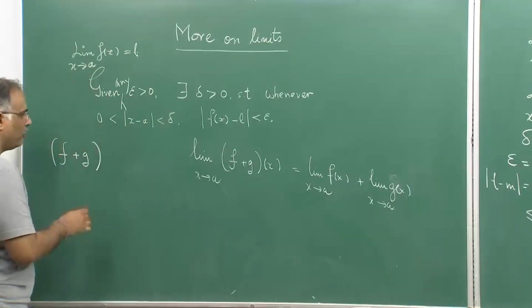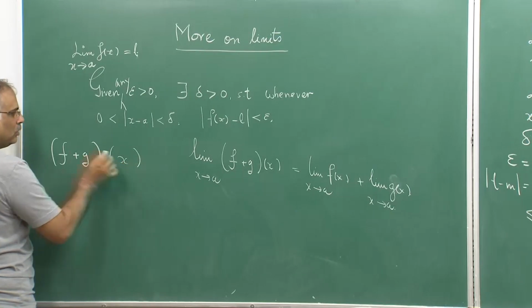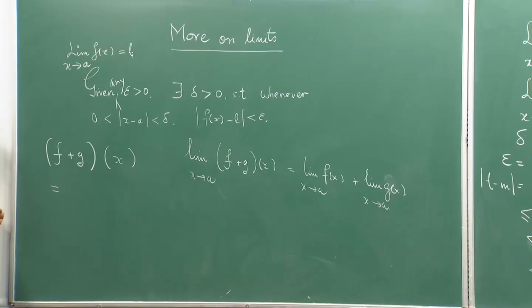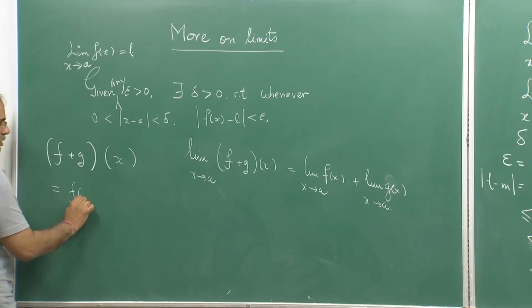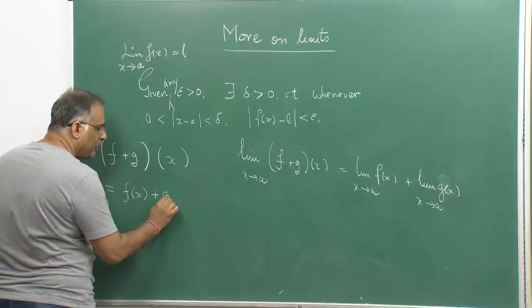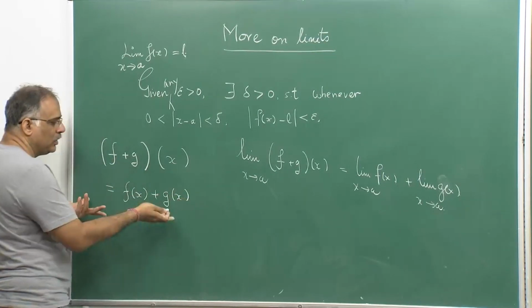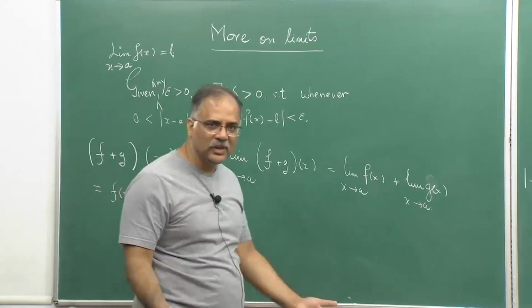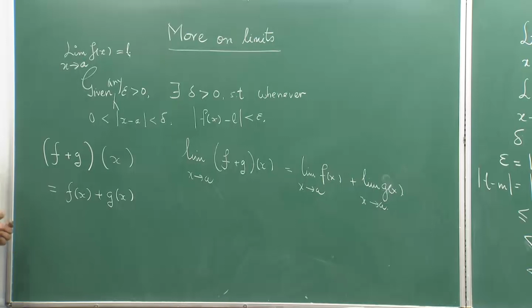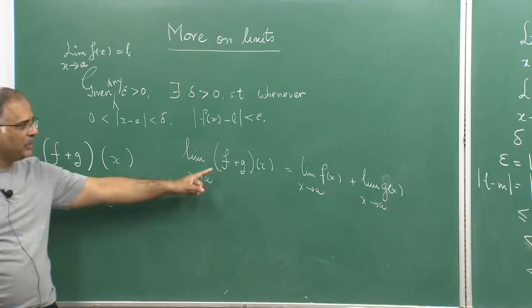If it now operates on an input, what does it do? We first define that this is the same as first operating f and g individually and then adding the outputs. That is the meaning. This is the definition of the function f plus g in terms of the functions f and g, which are already defined.